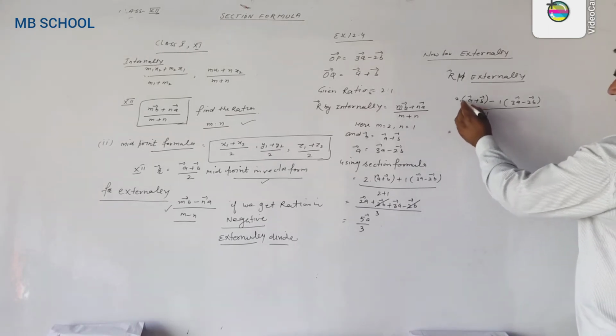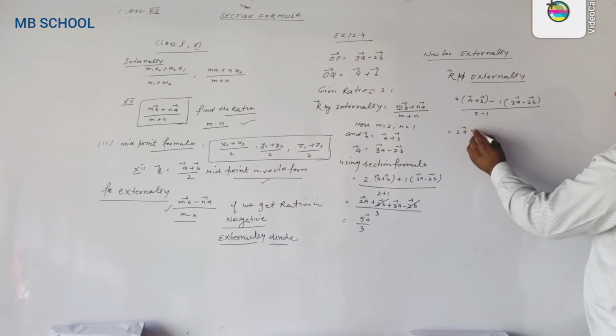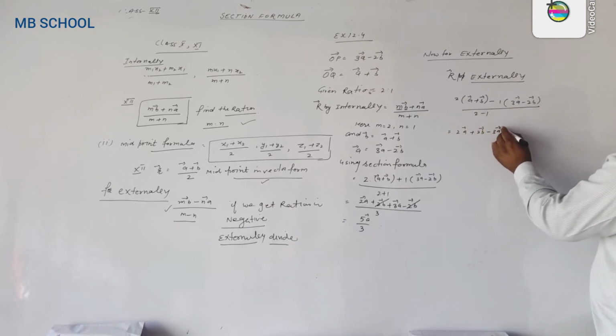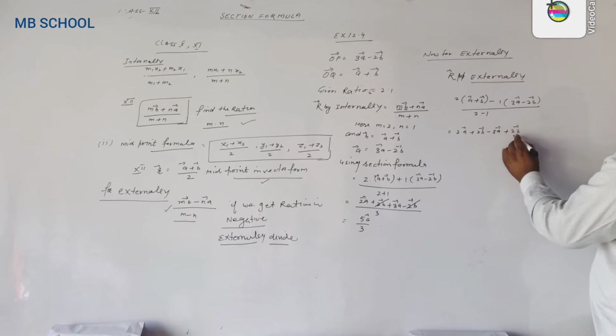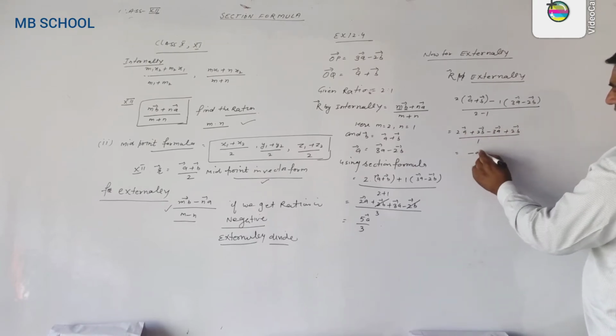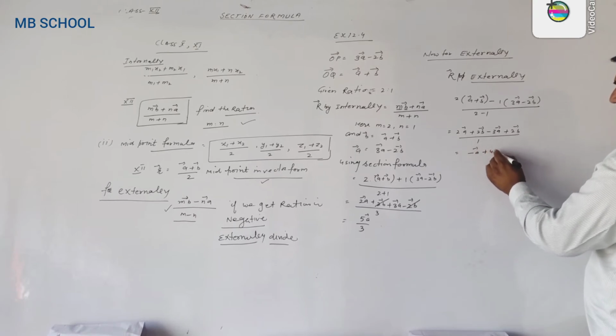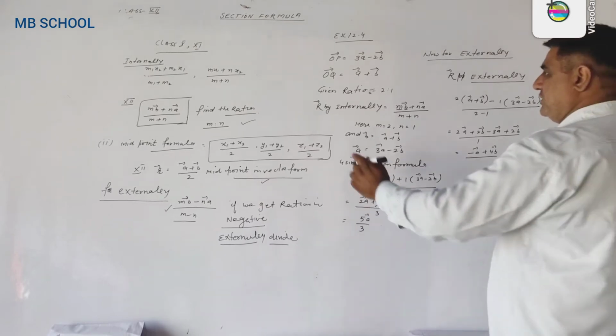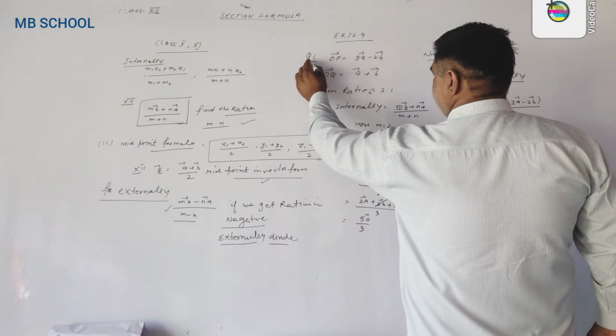Now we multiply: 2a plus 2b minus 3a plus 2b by 2 minus 1, 1. 2a minus 3a is minus a, plus 4b. This is the external point of this vector. This is your question number first.